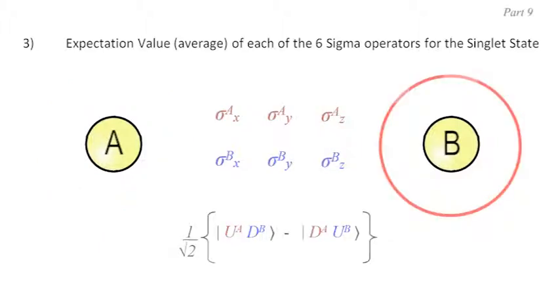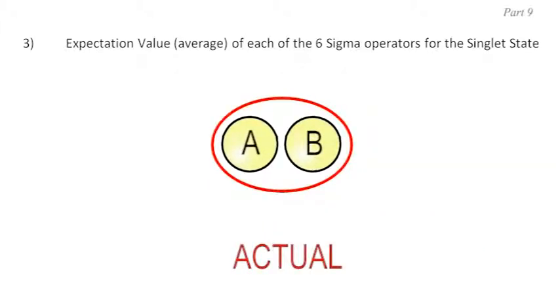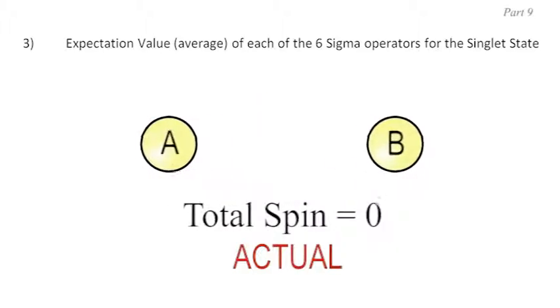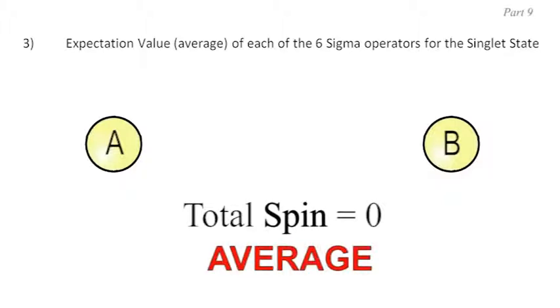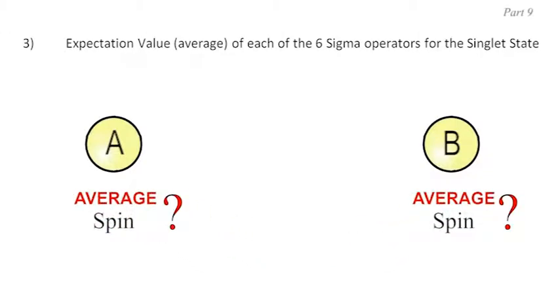Just to reiterate, we know that the actual spin of the whole singlet state, both electrons together, is 0 in every direction, even when they're separated. So the likelihood is that the average spin of the whole state is 0. But that need not necessarily mean that the average spin value for each separate electron is 0 in all directions.